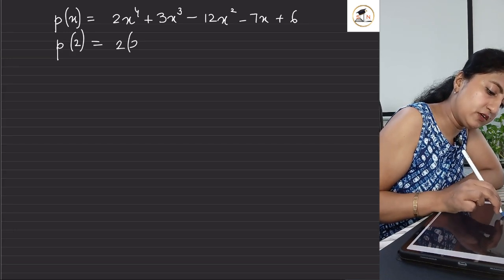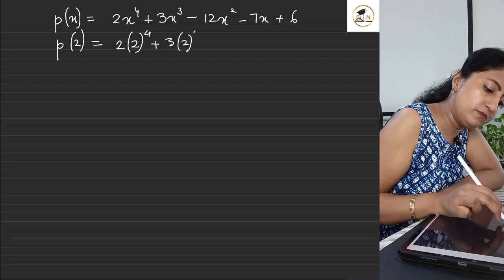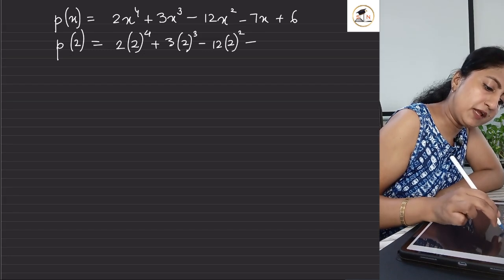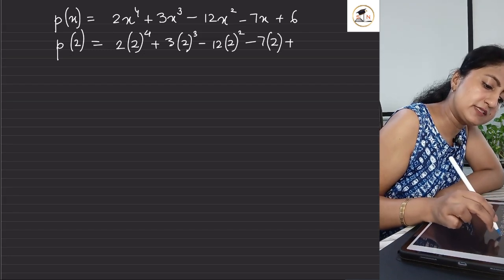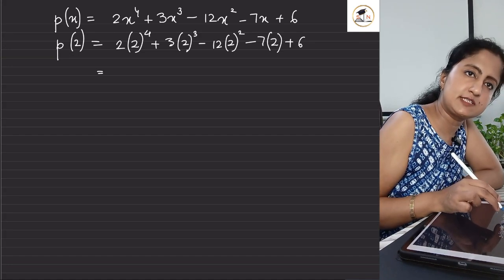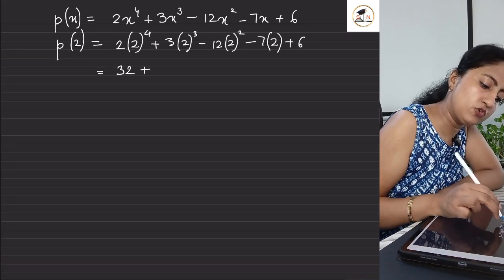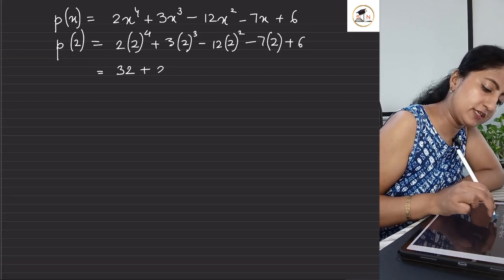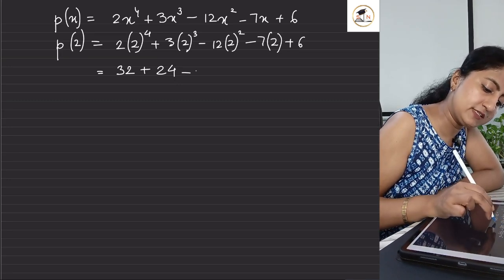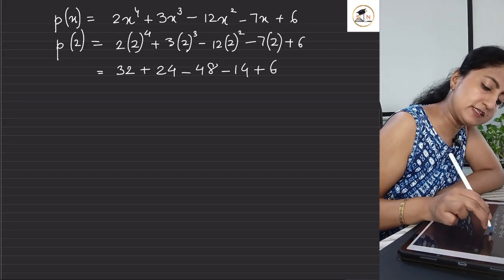That gives me 2 into 2^4 + 3 into 2^3 - 12 into 2^2 - 7 times 2 + 6. So this results in 2^4 is 16, 16 times 2 is 32. Then 2^3 is 8 and 8 times 3 is 24. 2^2 is 4 and 4 times 12 is 48, minus 14 plus 6.